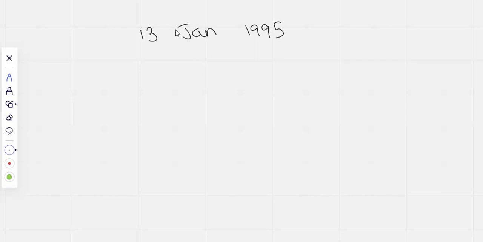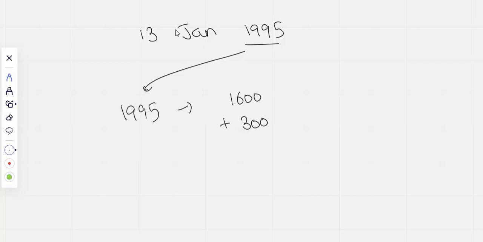Okay, 13th Jan 1995. So we'll take this year 1995 and split it, trying to reach this year. It will be like 1600 plus 300. 1600 is a multiple of 400, so up till here it will be 0 odd days.